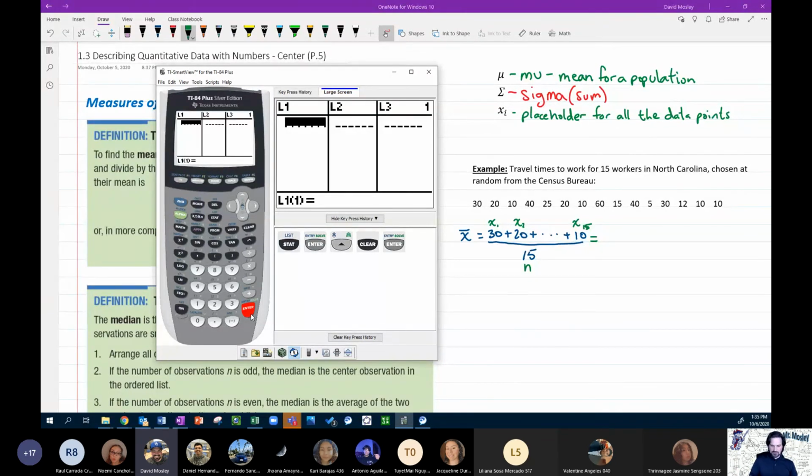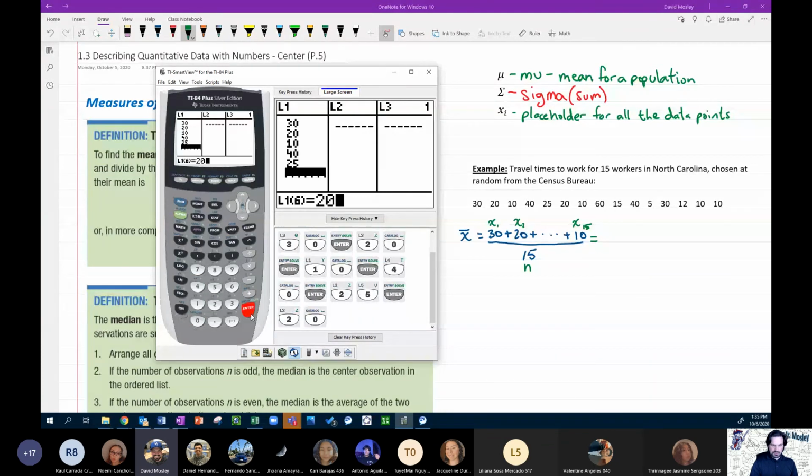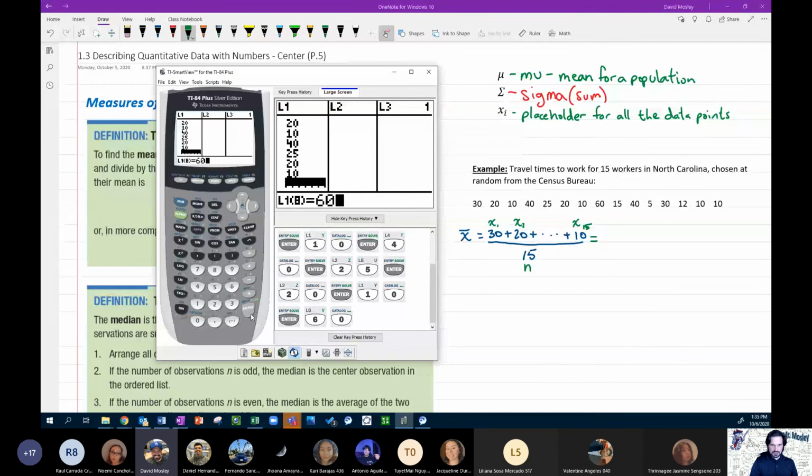Now we'll enter in our data again. 30, 20, 10. Boom. There we go. All my data's in.